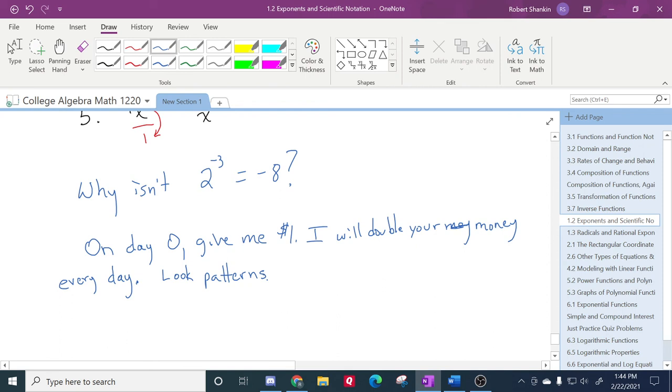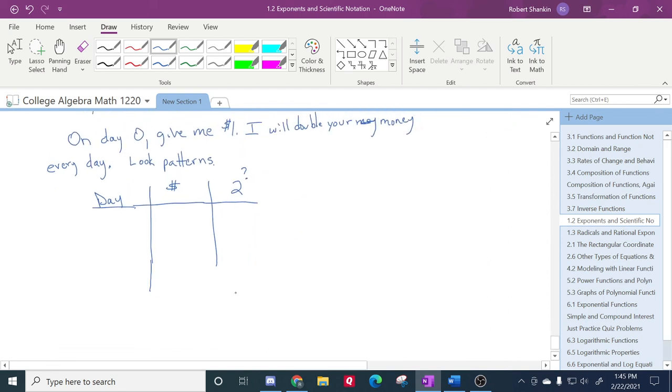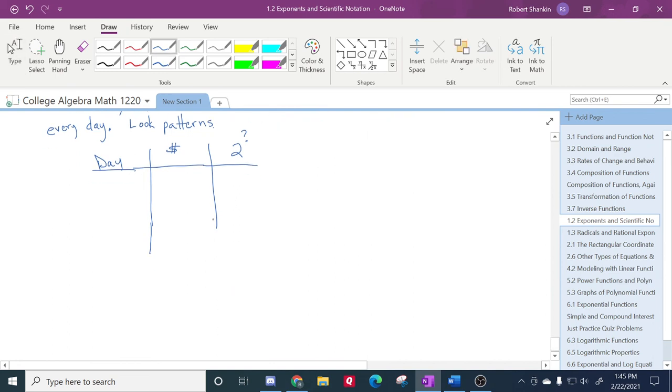And so we're going to take this situation. We're going to make a table, the day number, and the dollars. And 2 to what power? All right, so we will start out, and I'll say on day 0, give me $1.